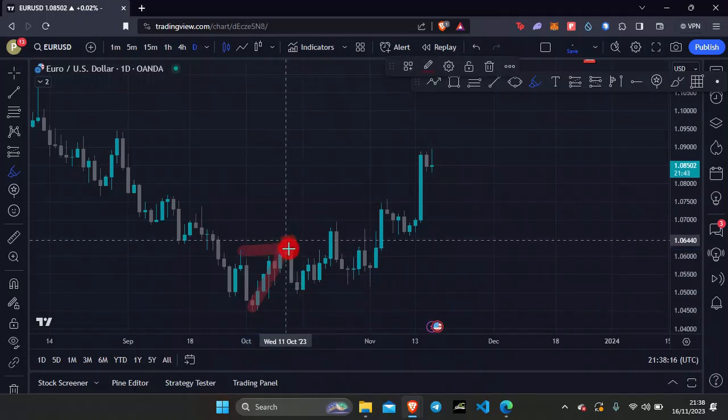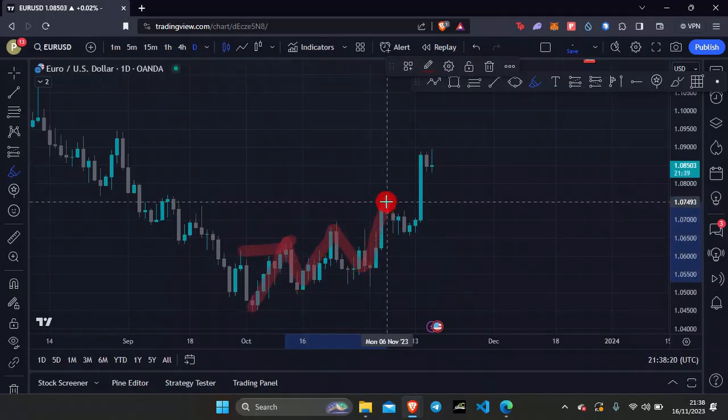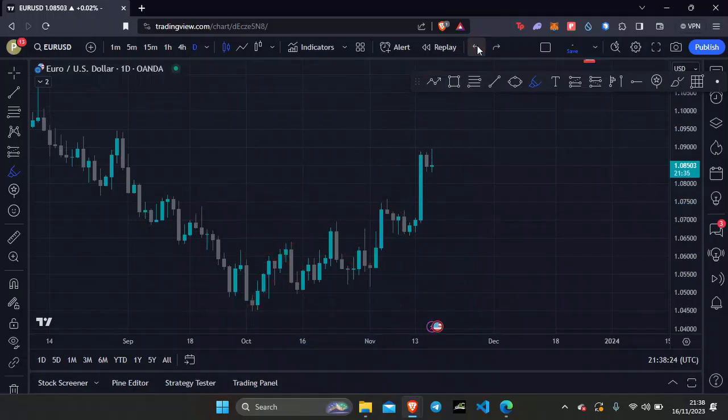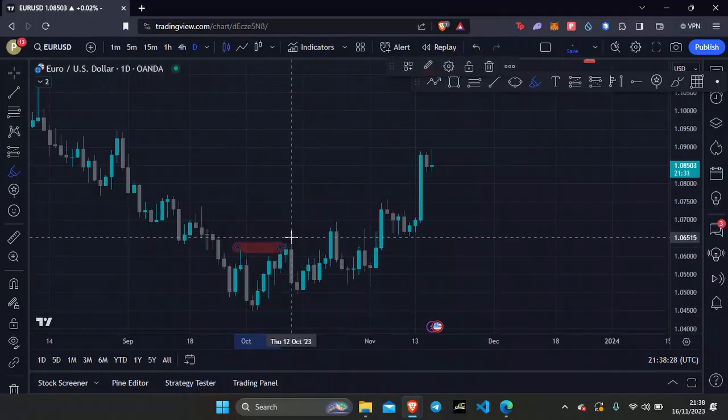Now we get a higher low, a higher high, a higher low, a higher high, a higher low. So this right here was a market structure shift. This is where we had a shift in structure from bearish to bullish, right?